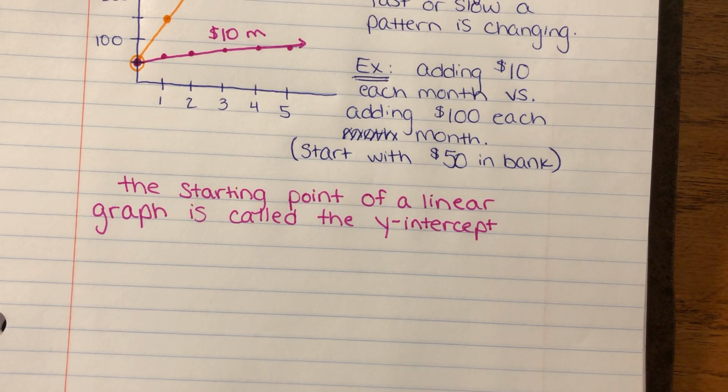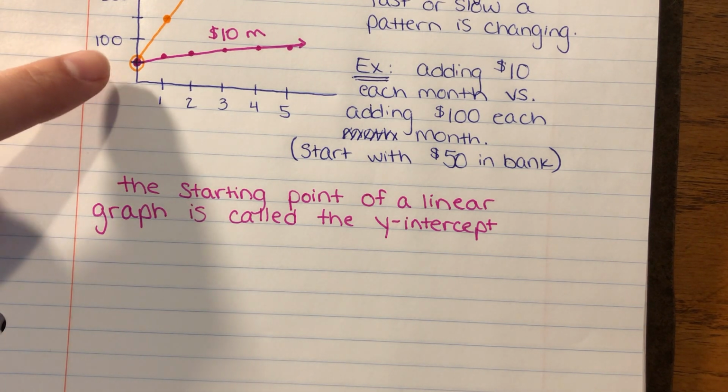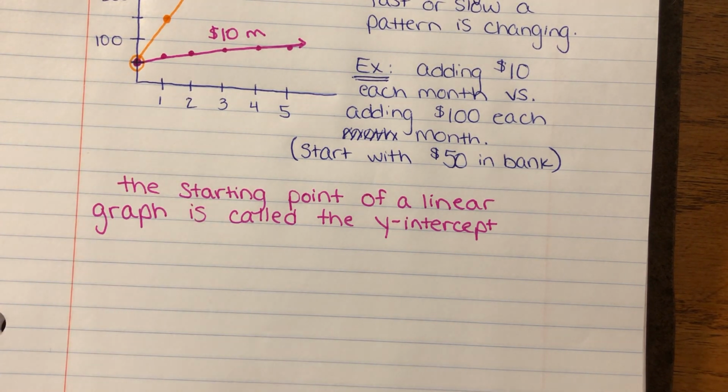Intercept. It sounds a lot like intersect, and that's how I like to remember it, because the y-intercept is the place where the line intersects the y-axis. It can be a little bit confusing, and we'll review this as we go throughout the chapter, so don't worry about that.